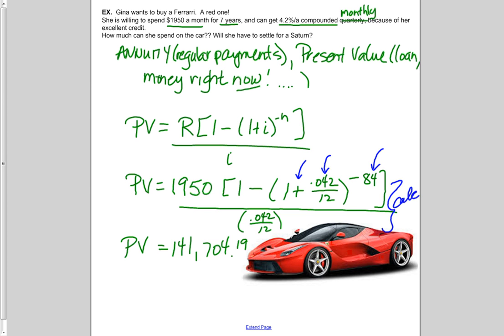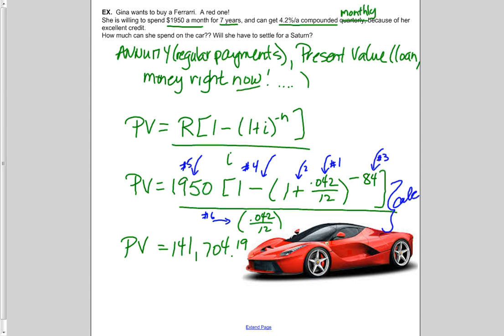Put it to the power of negative 84 as your third. And then 1 take away the answer for all of that. Lastly, multiply by 1950 and then divide with that in brackets, and you should get the answer that I have.